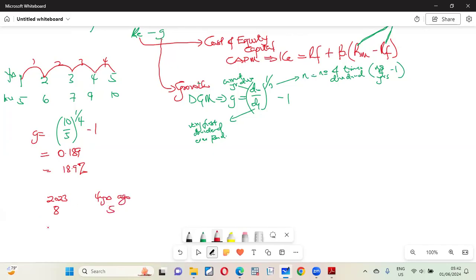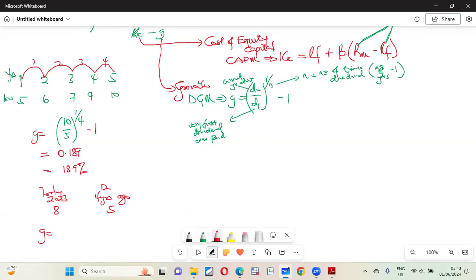In terms of finding g, how will you get me the figures? D0, D1, give me the figures. So dividend today, 2023, is 8, and dividend 4 years ago was 5.